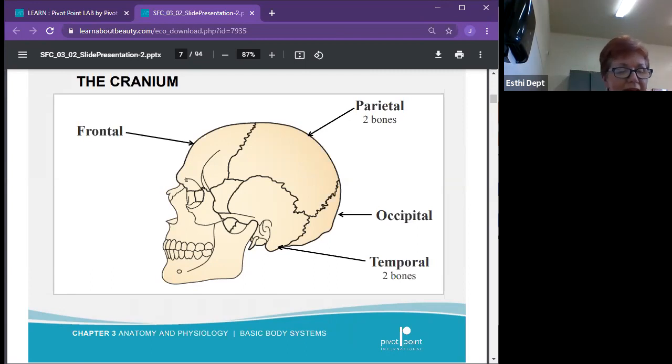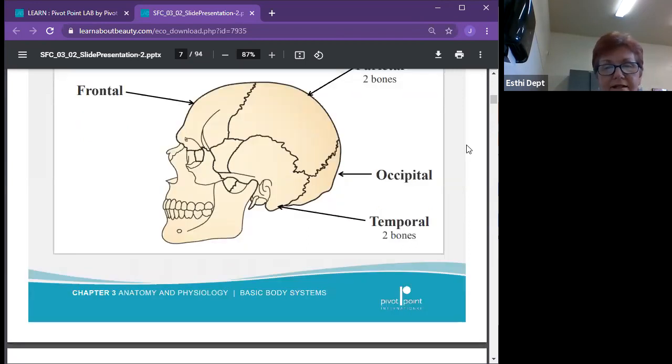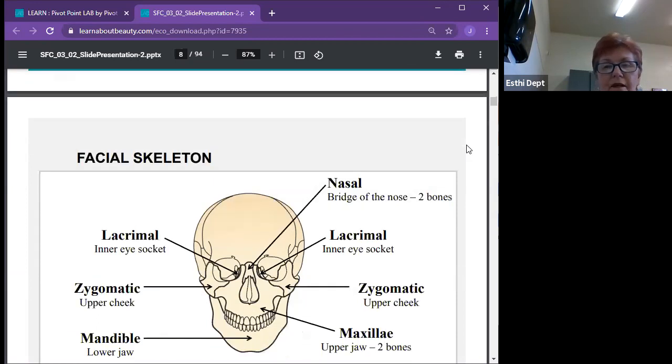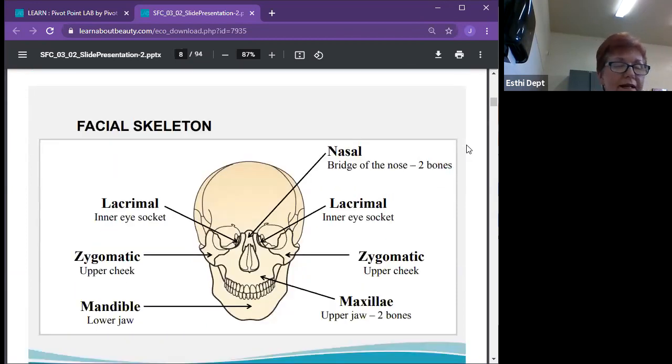Okay, you should be on the next page, page 65. Let me change the screen. It's going to go through the facial skeleton. Next to facial skeleton, what I would like you to write in there, of the 14 bones, only 9 are affected by massage. That's a test question.